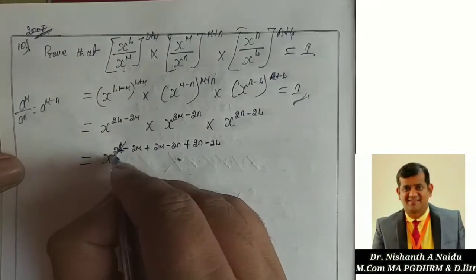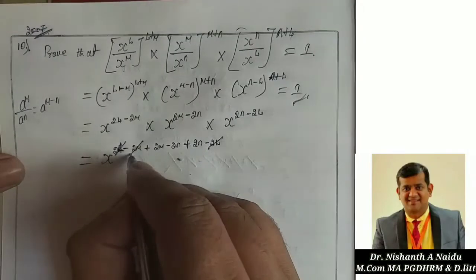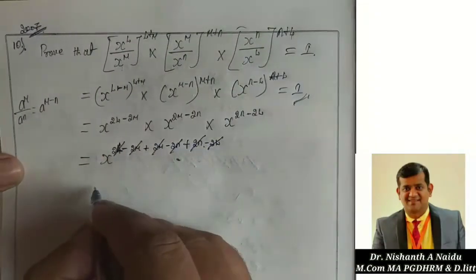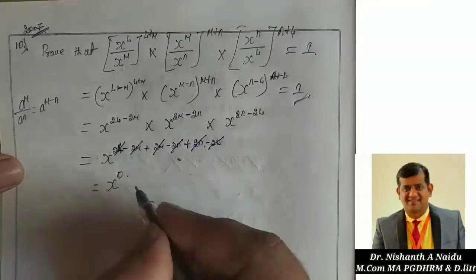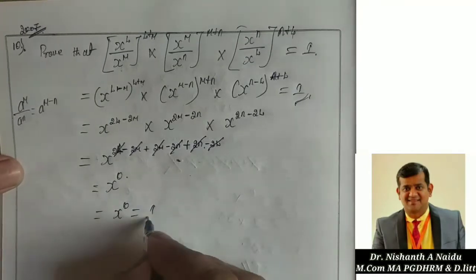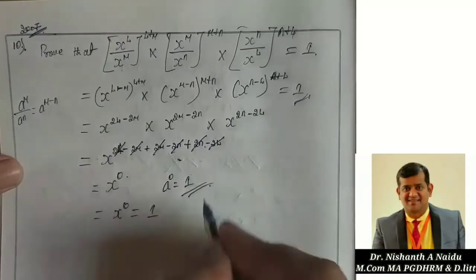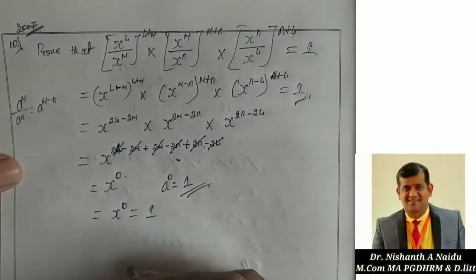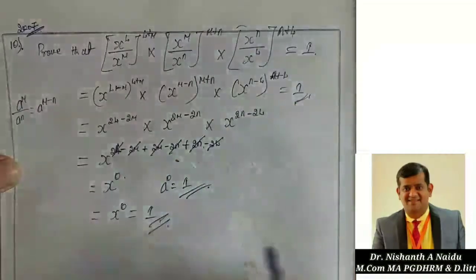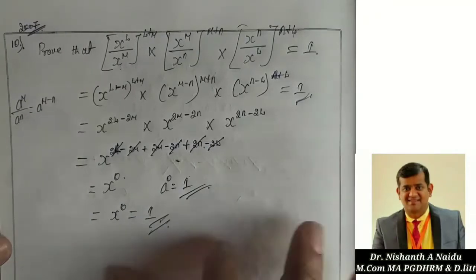This is plus 2l, this is minus 2l. Clear? Minus 2m plus 2m, minus 2n plus 2n, everything is cancelled. So x to the power 0, and x to the power 0 is always equal to 1 by the law a to the power 0 is equal to 1. Clear? So the answer is 1. We have proven whatever he has asked. This is the simplest problem, which you can solve very easily.